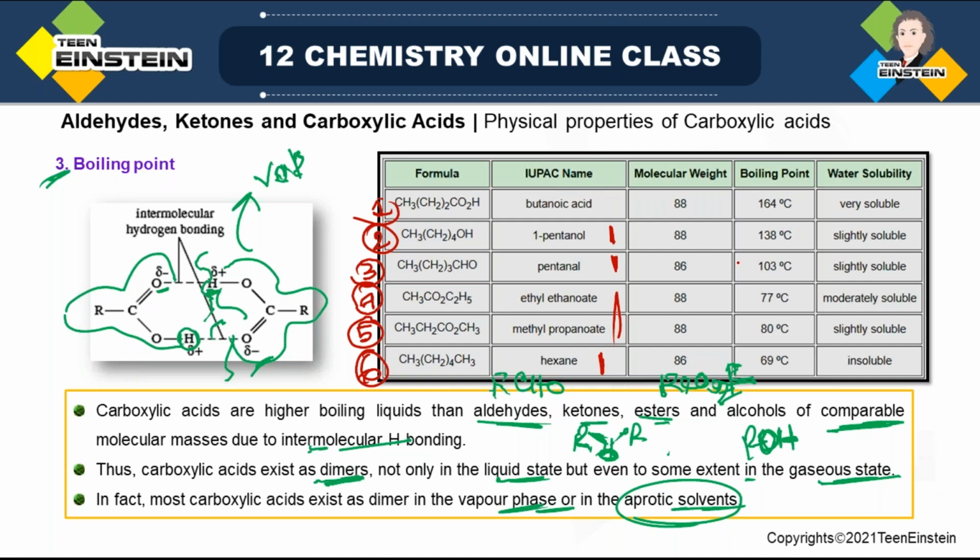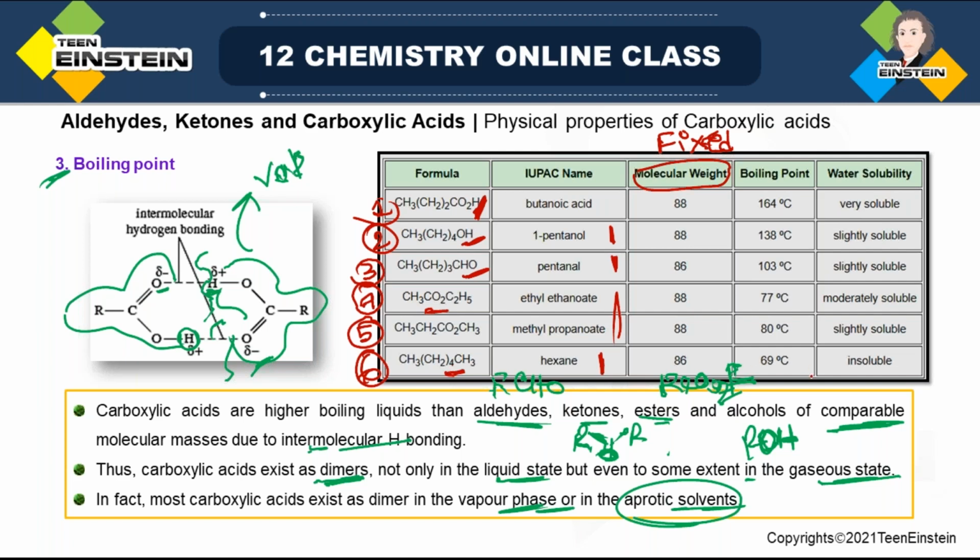We have taken these because if you look at the third column, their molecular weights are almost the same, varying from 86 to 88. So when molecular weight is almost fixed, now you can compare the effect of this group, CO2H group, OH, CHO, then RCO2R prime, and there is no group in the last one.